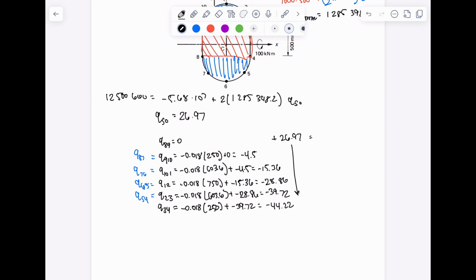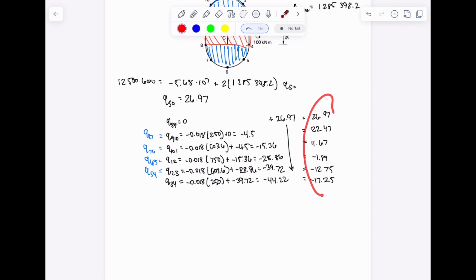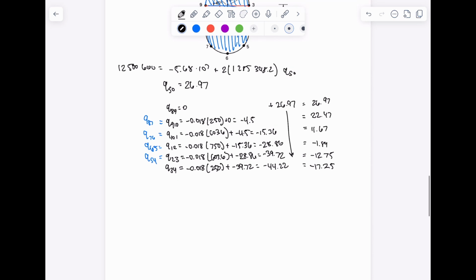So this is equal to 26.97, 8 to 9, and 9 to 10 is equal to 22.47, 11.67, negative 1.89, negative 12.75, and then negative 17.25. That is the actual shear flow, the corrected shear flow.